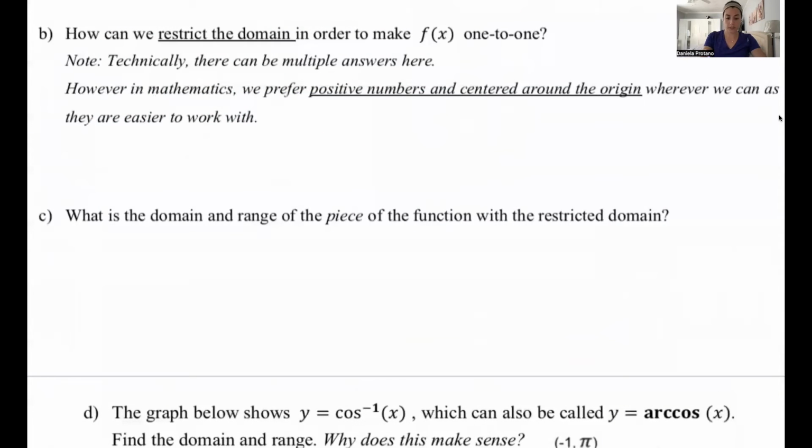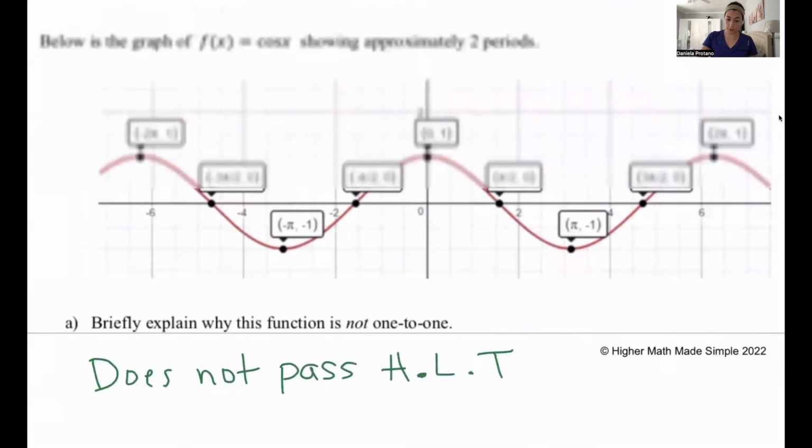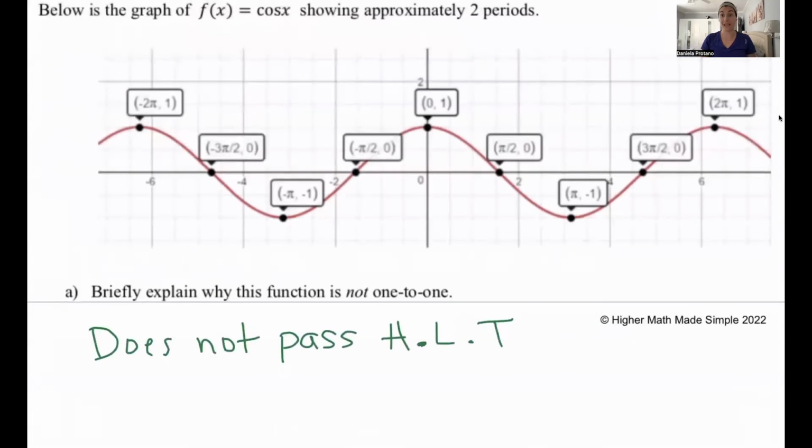So again, we're going to have to restrict the domain of the original in order to make it 1-to-1. So we're going to look for something that passes both the vertical and the horizontal line test. And technically, from the x values or the domain of -2 pi to -pi, that of course works. But again, in math, we like to center everything as close to the origin as possible, as well as we like positive numbers because they're easier to work with.